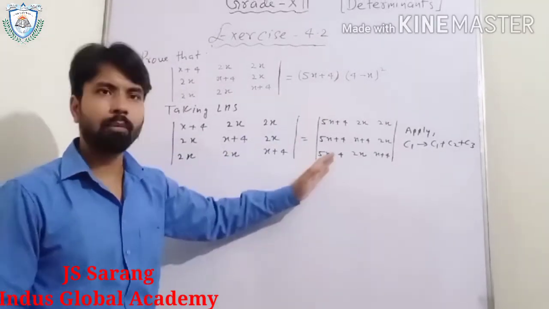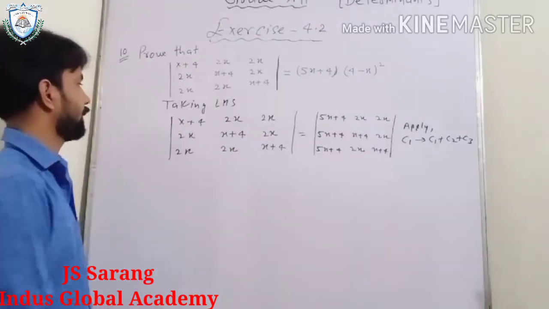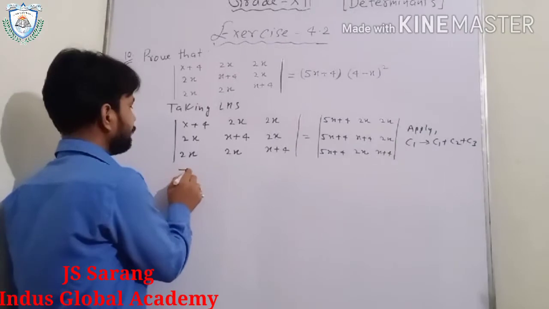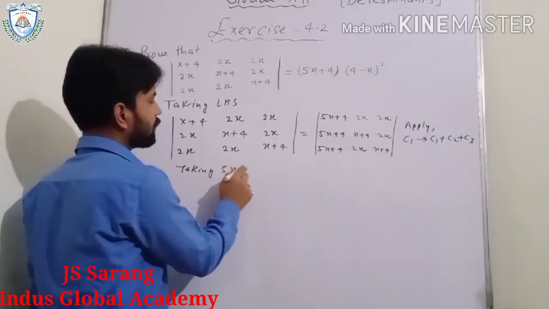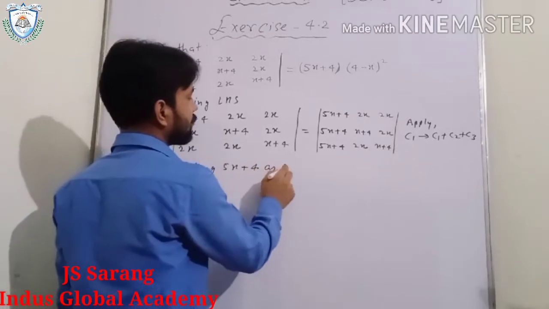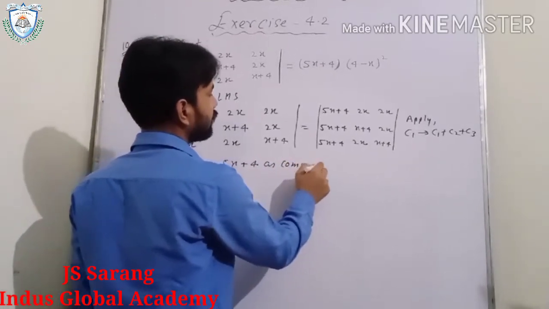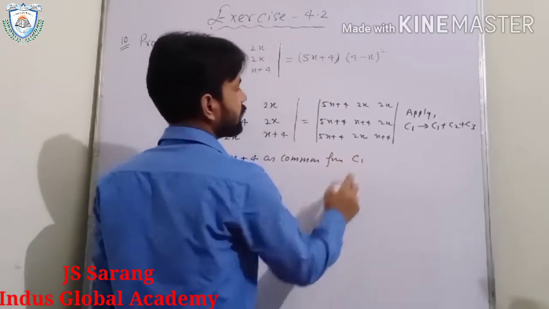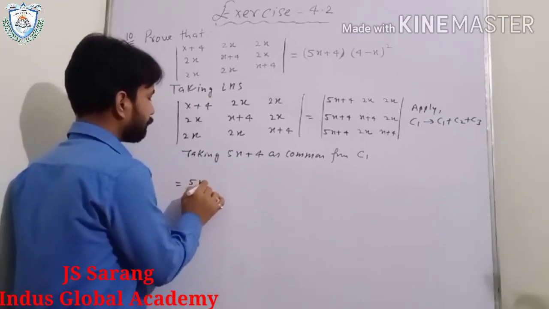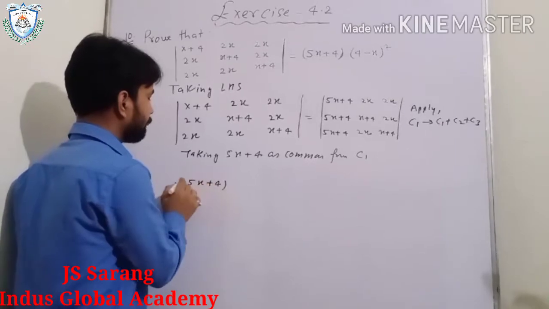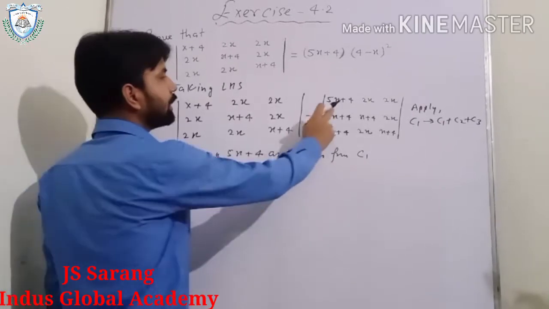So can it be taken common from the first column? Yes. So taking 5x plus 4 as common from C1.